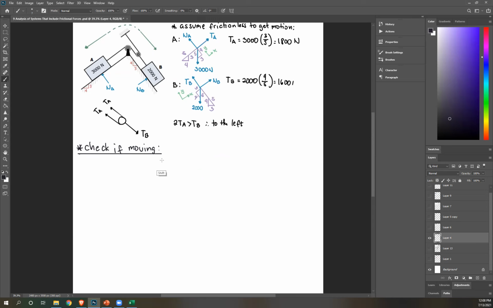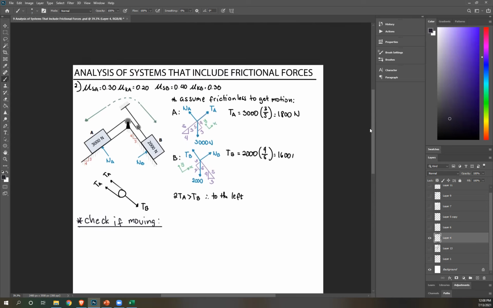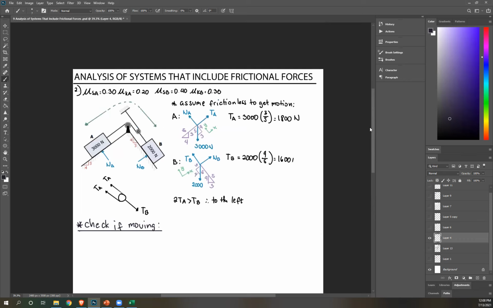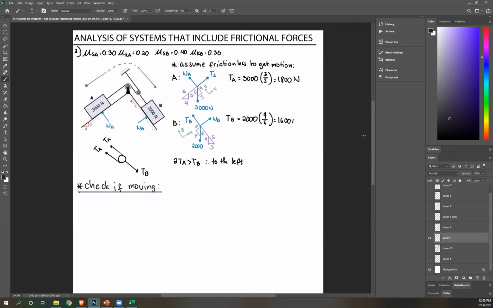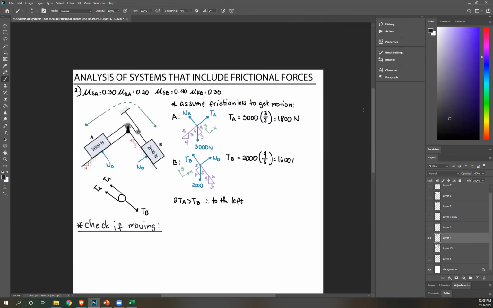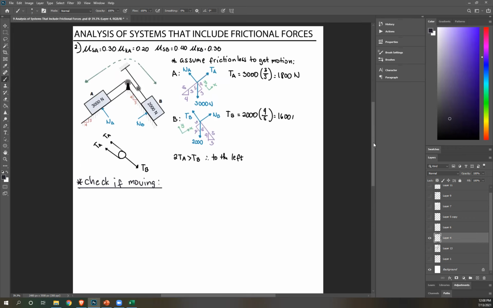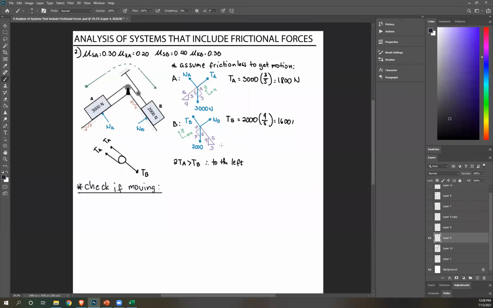Okay, so for block A, that's easy because there's only a force and a surface that's considered. So this system on its own is a typical example for friction. And to solve if it's moving or not, we're going to solve for its phi and theta. So for block A, we're checking theta and phi.